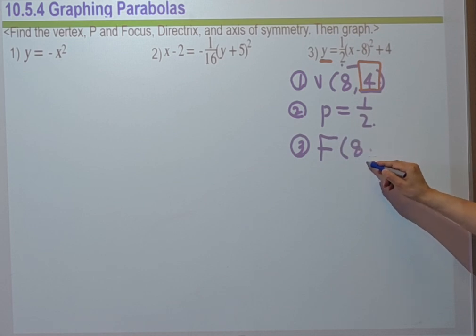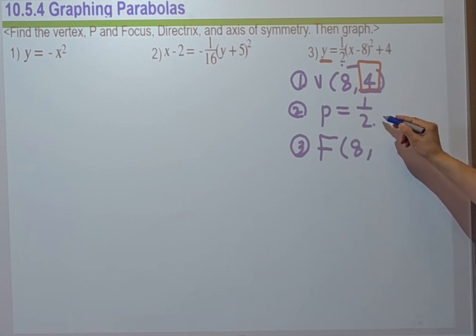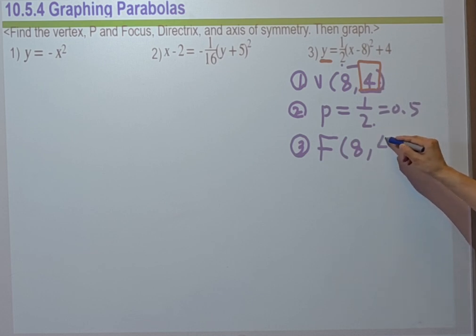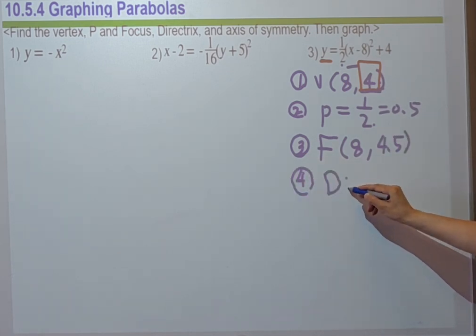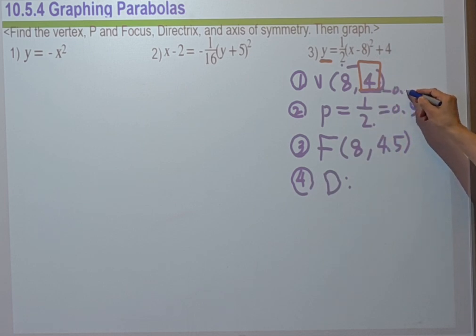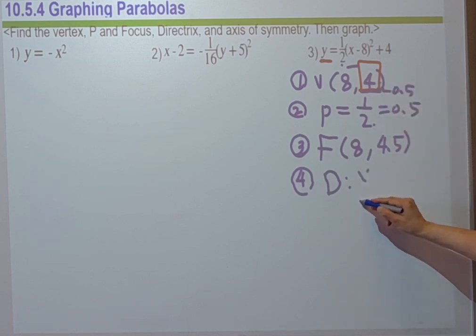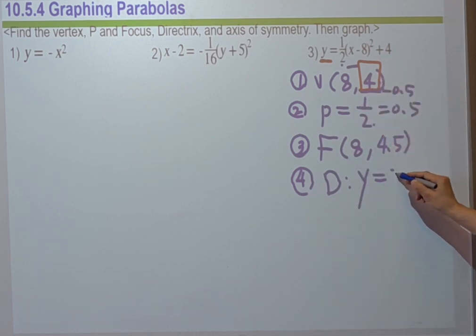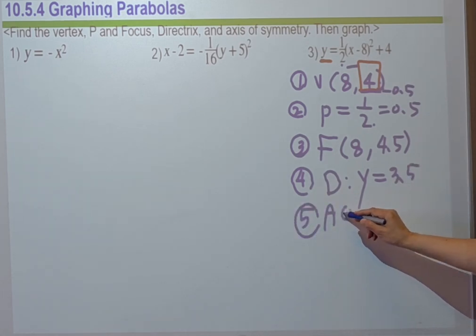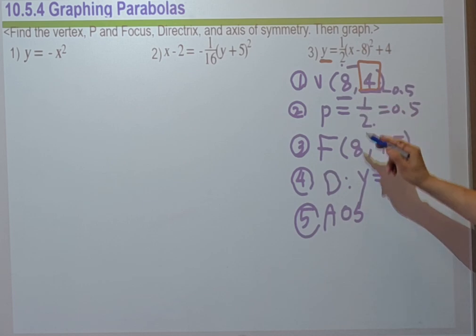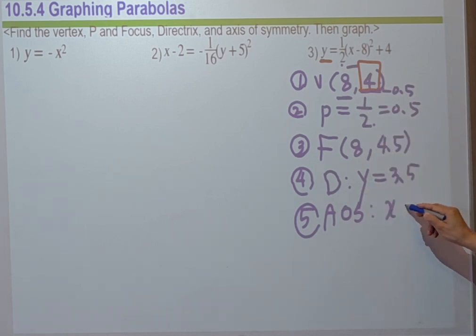So 8 comma, the X value is 8, and I'm going to add the P value here, 0.5, so 4.5. Directrix is subtract P, so subtract 0.5 from the Y value, so that's the line Y equals 3.5. And then the axis of symmetry, which you didn't touch, is X equals 8.